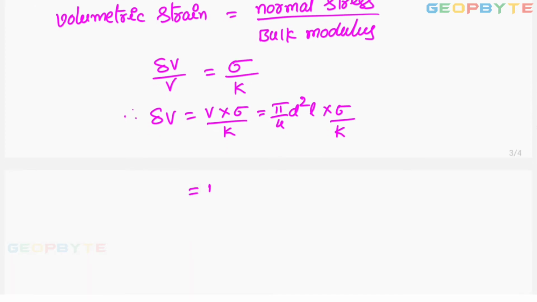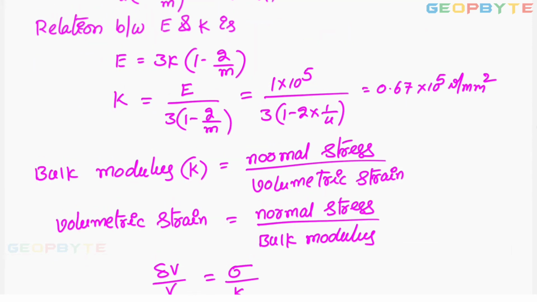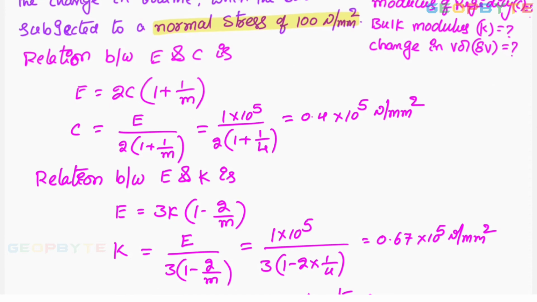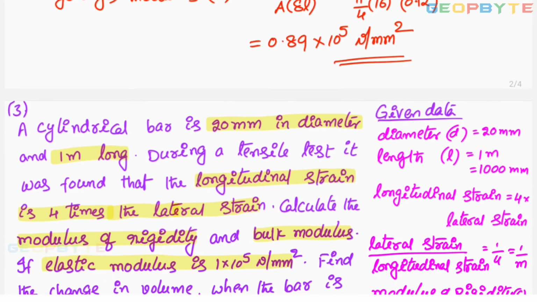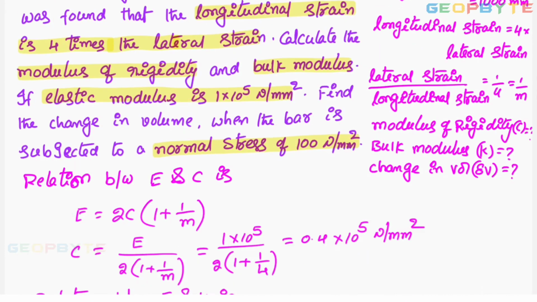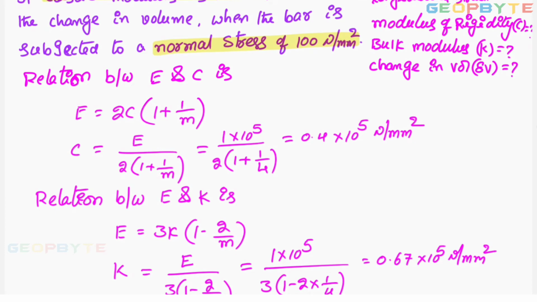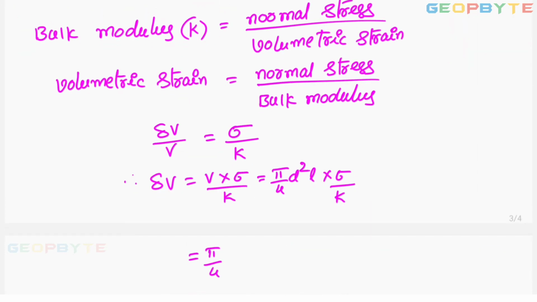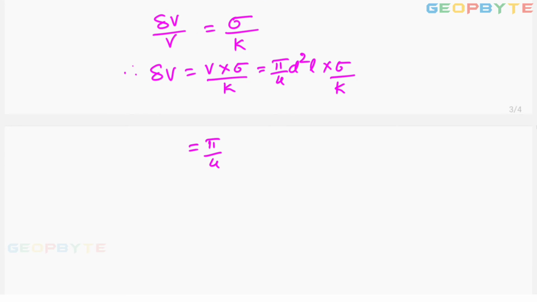It is equal to pi by 4 d square. The diameter is given; let us go back to the diameter. Diameter is 20 mm. Length is 1000 mm. So 20 square into length 1000 mm into normal stress given 100, divided by bulk modulus.